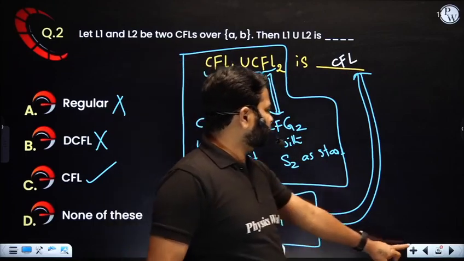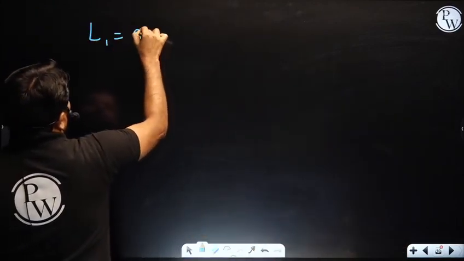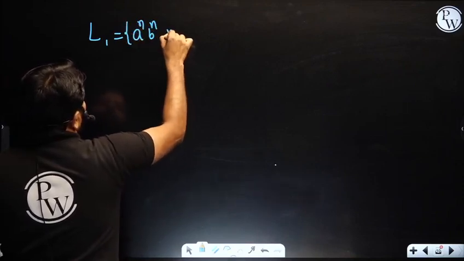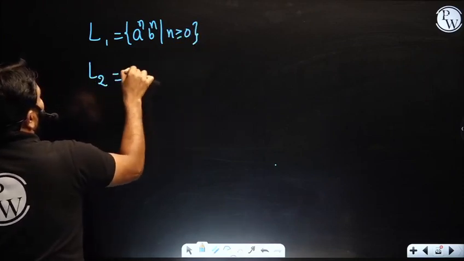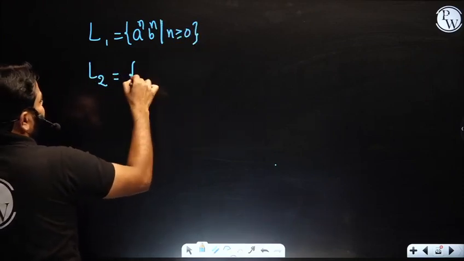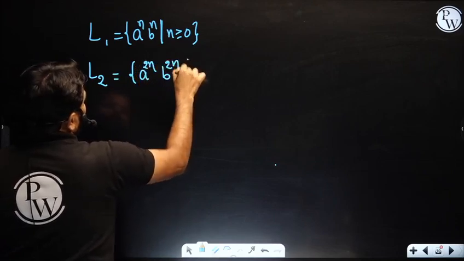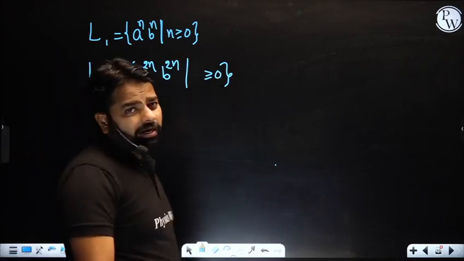For example, somebody gives L1 equal to a power n b power n, and L2, given by somebody else, a power 2n b power 2n such that n is greater than or equal to 0. L1 and L2 are given to you.